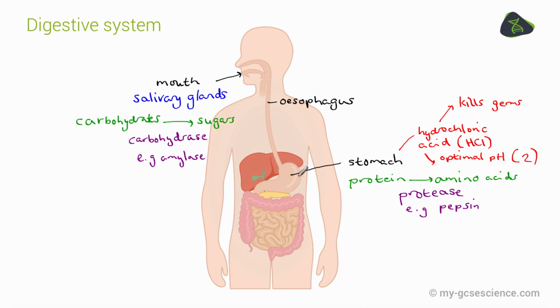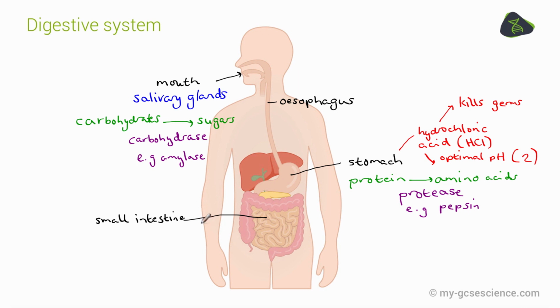From the stomach, the food now has been partially digested, so starch has been partially digested, as has some protein. The food now gets squeezed from the stomach into the small intestine, which is this area here. And this part of the digestive system is all about absorbing the smaller, broken down, soluble components of the foods that have been consumed into the bloodstream.